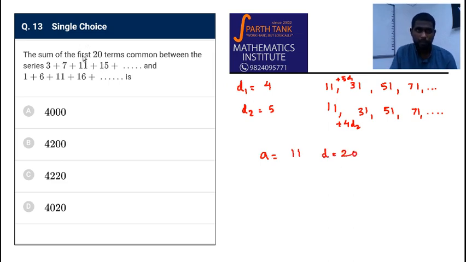So sum of the first 20 terms, n is also 20.